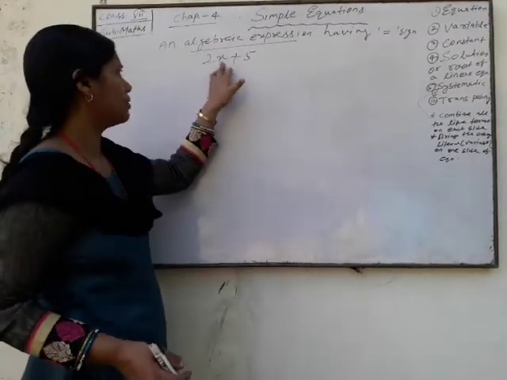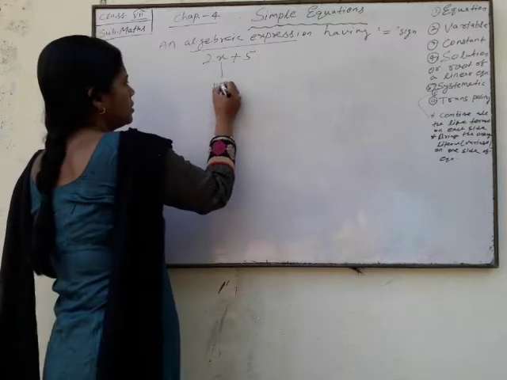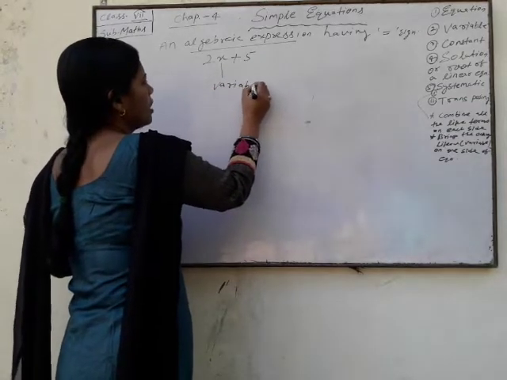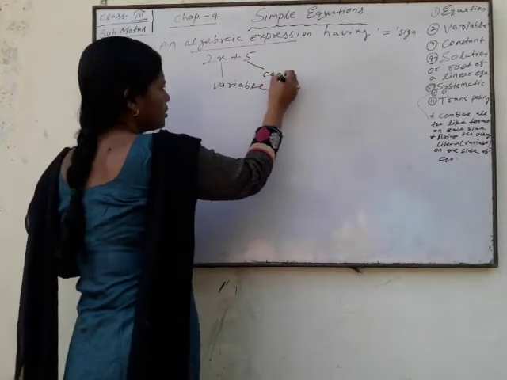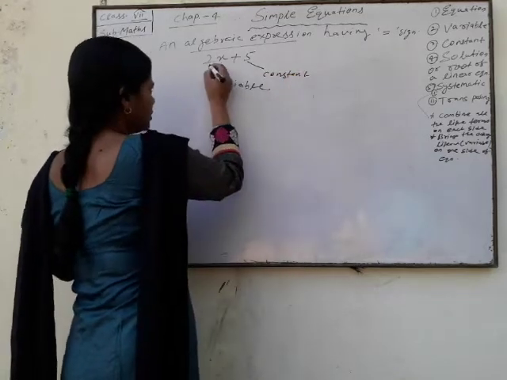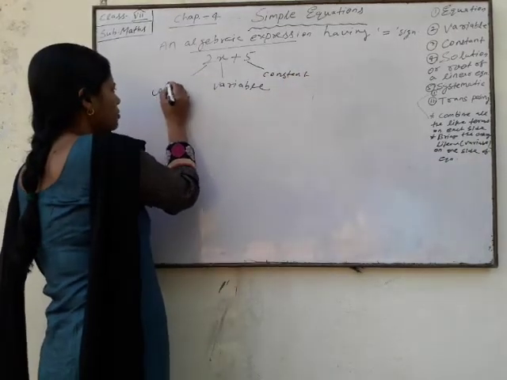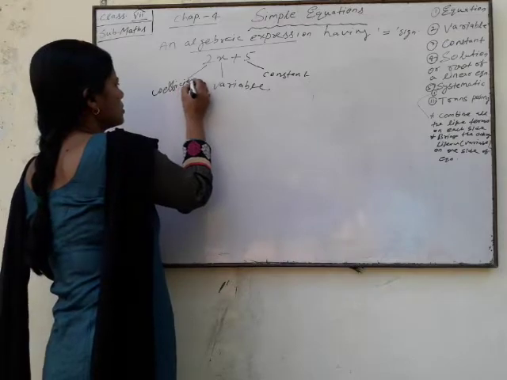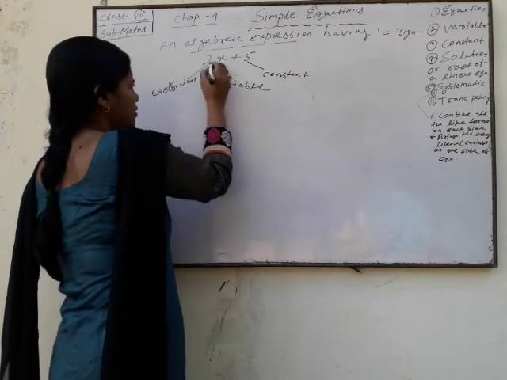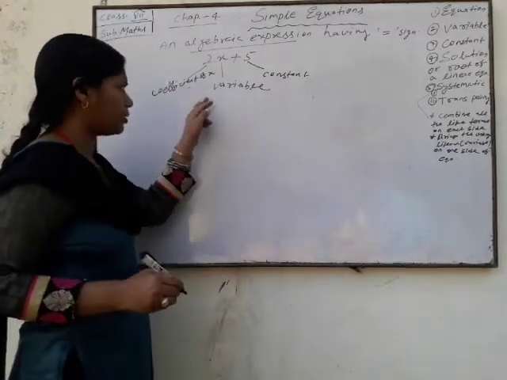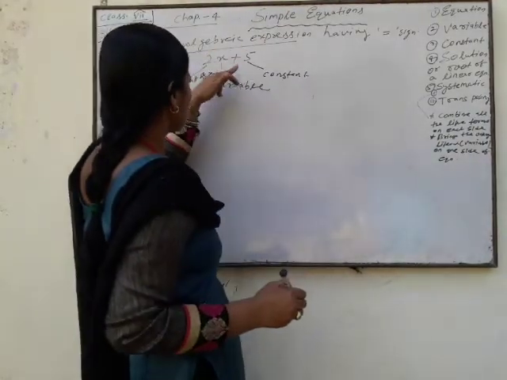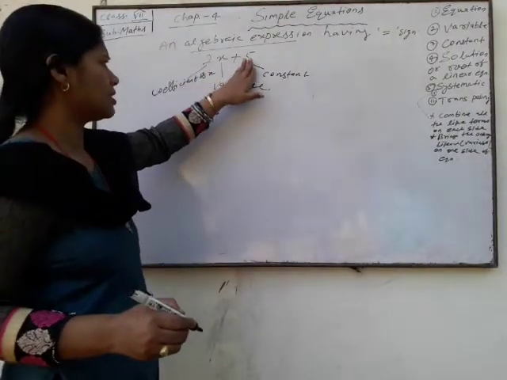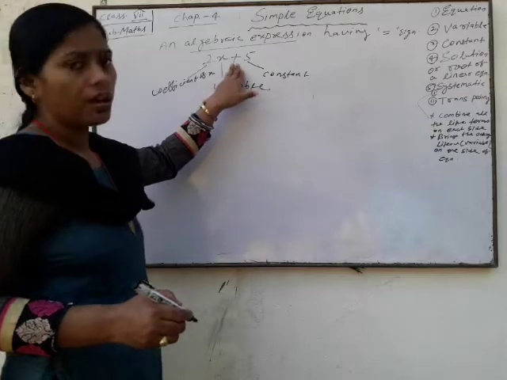This is your variable, this is your constant, and this is the coefficient of x, the coefficient of the variable. This is a combination of variable and constant with a plus sign.